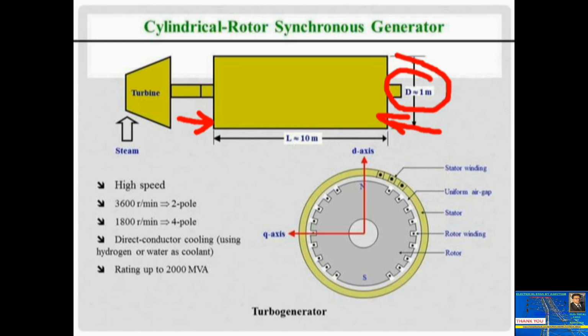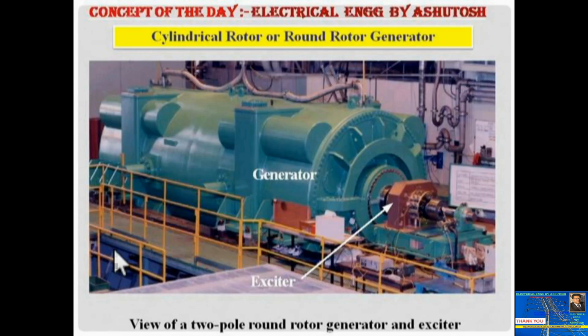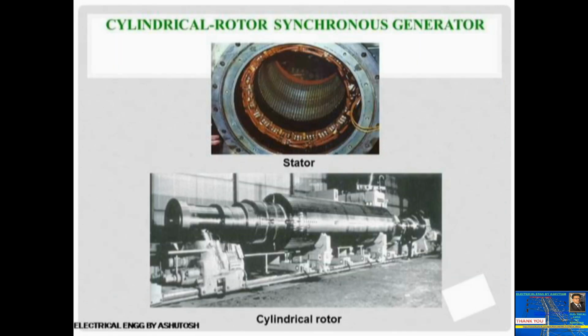So here the diameter is small and the axial length is large. This is the real picture of a two pole round rotor generator and exciter. You can see this is the exciter and this is the round rotor. Also in another picture, this is the cylindrical rotor where the axial length is larger.